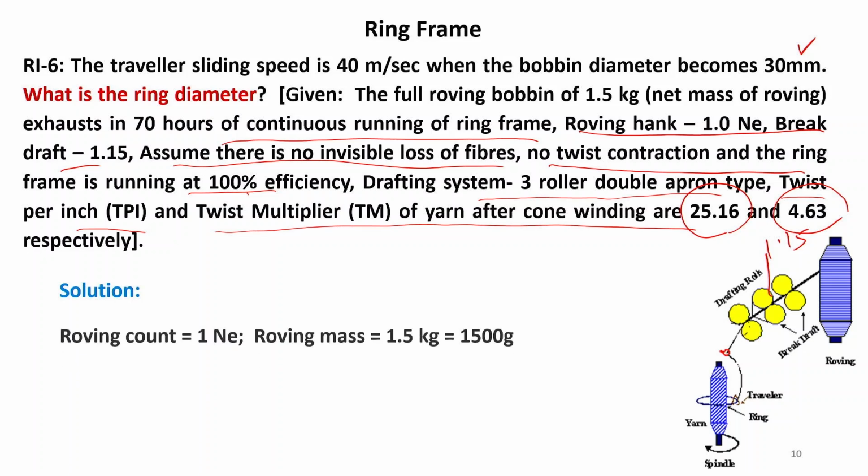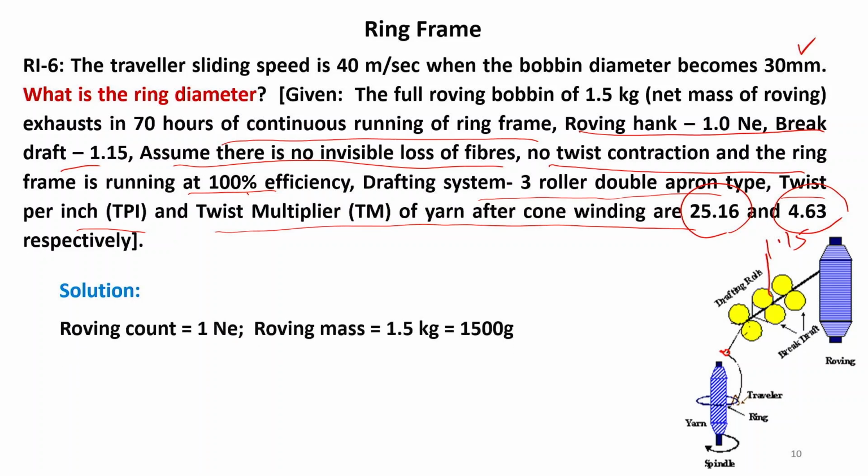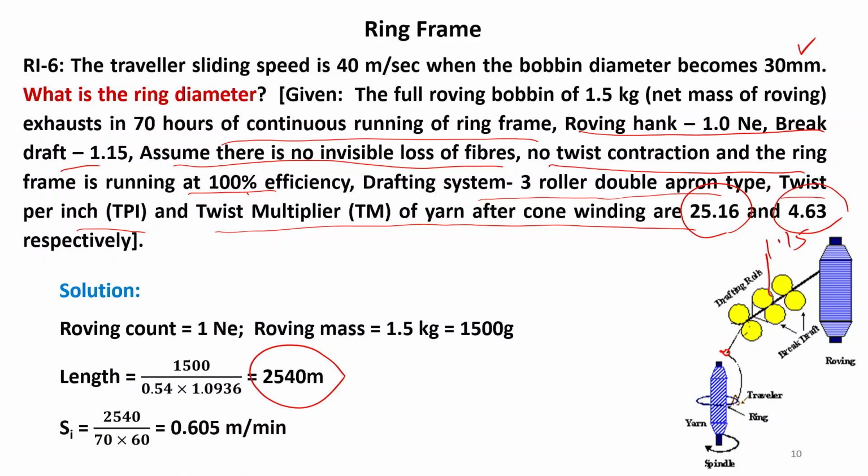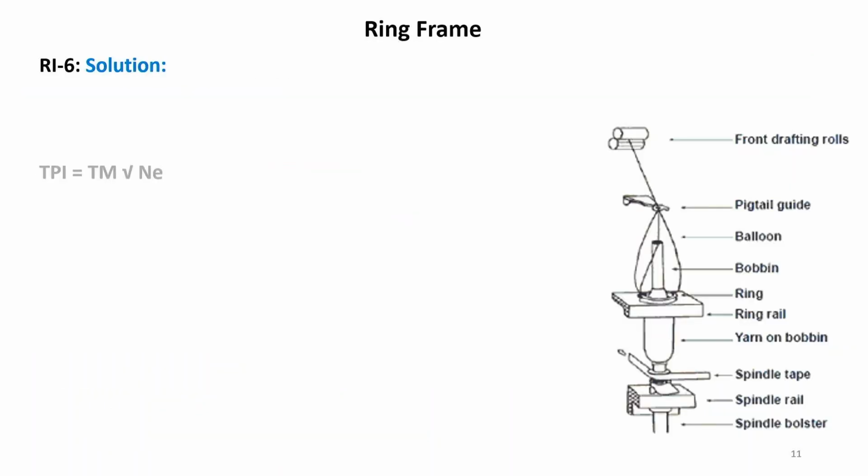So, now the roving count is given as 1, roving mass is 1500 gram, and the length of roving was calculated earlier in the last numerical also, 2540, and the input speed of the roving is 0.605 meter per minute. TPI is given.